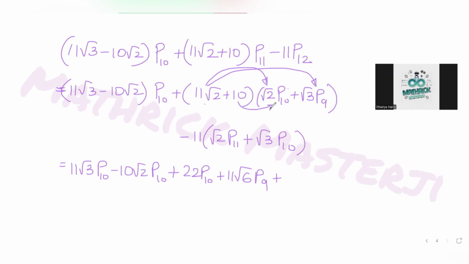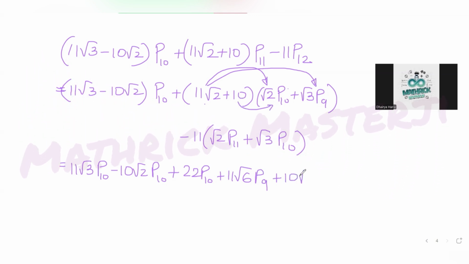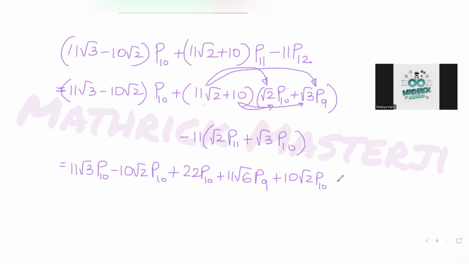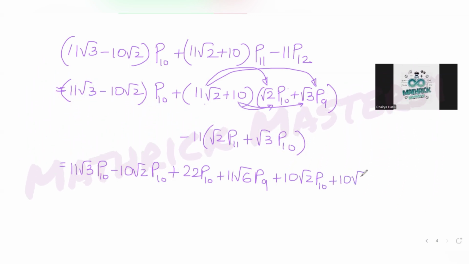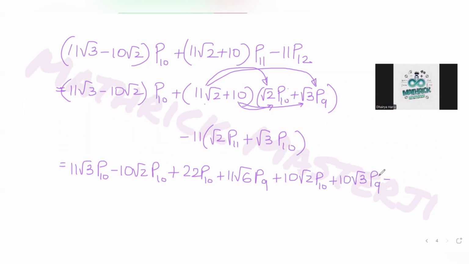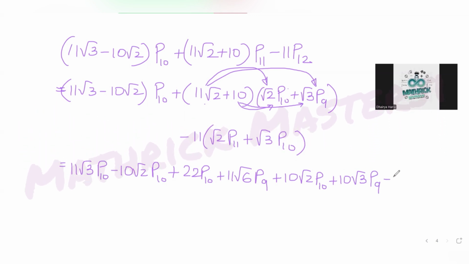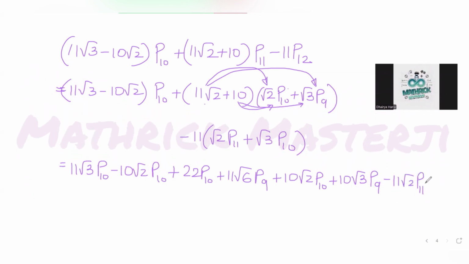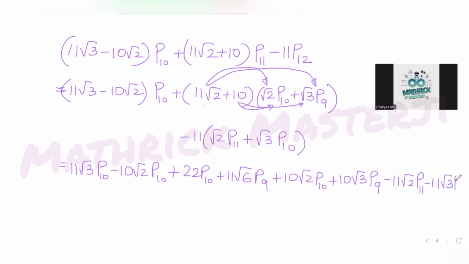This also gets multiplied: 10 root 2 P10 and 10 times root 3, so 10 root 3 P9. Minus, this becomes 11 root 2 P11 minus 11 root 3 P10.